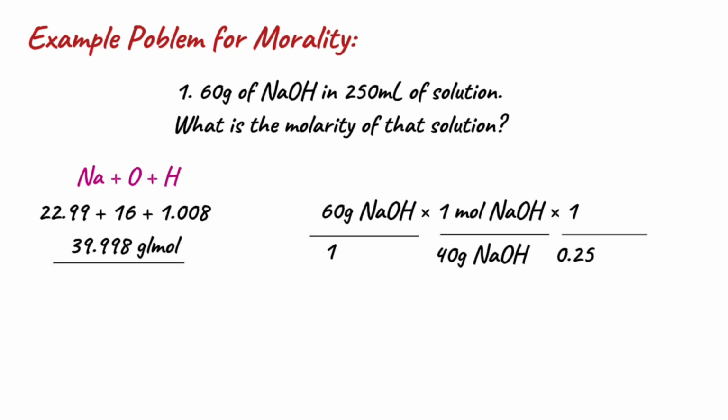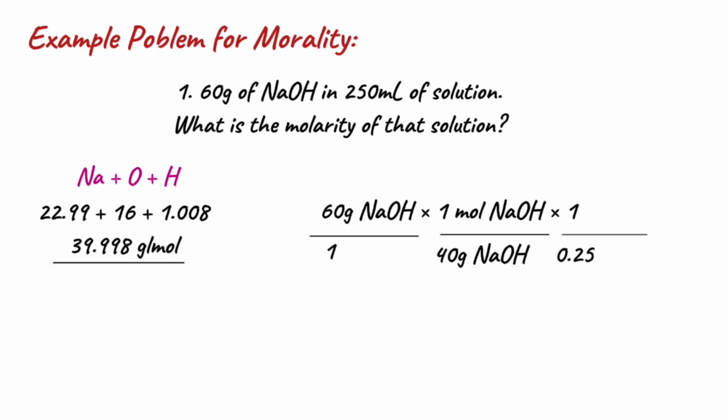So now we no longer have the unit grams of sodium hydroxide. Now all we need to do is take the moles and divide it by the liters, but we need to convert 250 milliliters to liters. So if you take 250 and divide it by 1,000, you'll get the volume in liters, which is 0.25 liters.